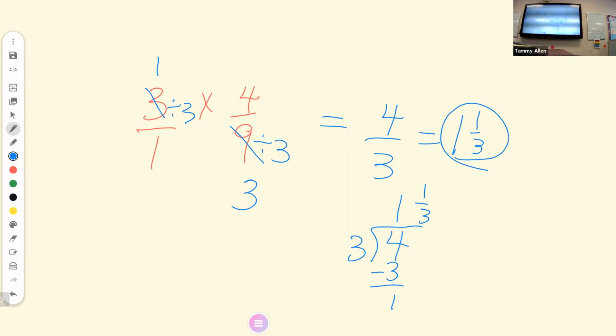Do we have any questions over today's quick lesson? Quick, but it seemed to go on forever for me because I kept going and going and going. Did we understand it? Do we understand the concept behind it? Okay. All right.